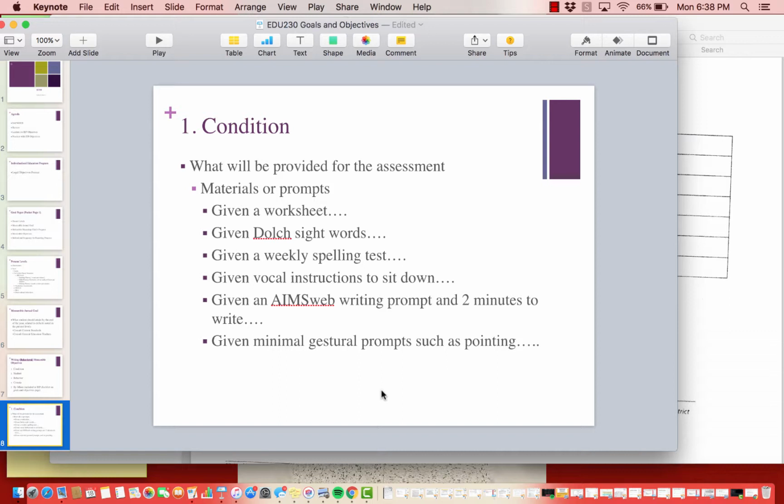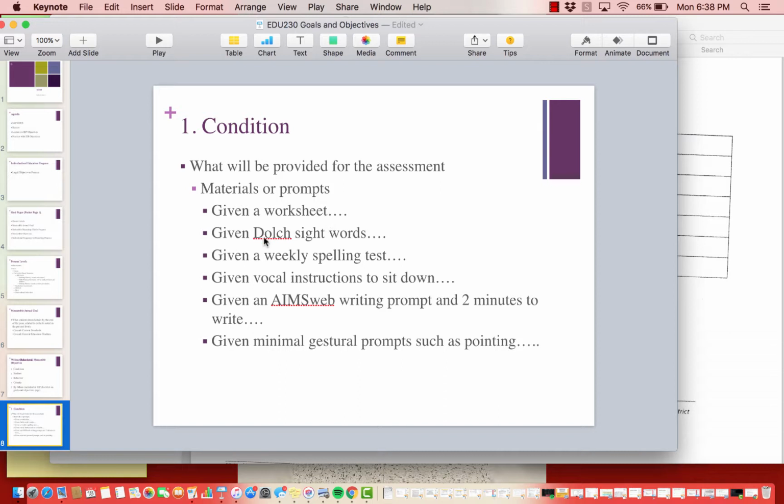Right, the first is the condition. So every IEP objective, at least at this point in time, it should start with the word given, and then you will write exactly what the evaluation will look like for the student. So if on this objective you're going to be assessing their ability to complete something on a worksheet, then the condition becomes given a worksheet.